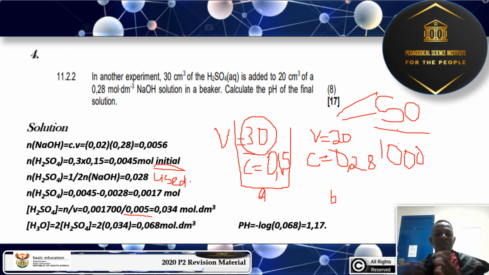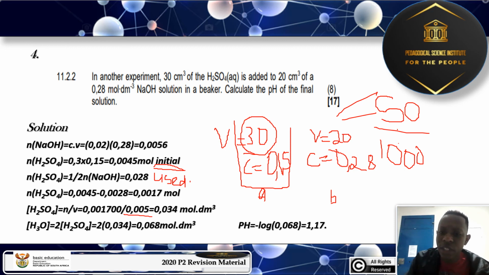Therefore, we get our concentration of sulfuric acid to be 0.034. Then after we get the concentration, please note, sulfuric acid is a diprotic acid. That is why I told you that you need to know all the concepts for acid and base. As this is a diprotic acid, it donates 2 times.